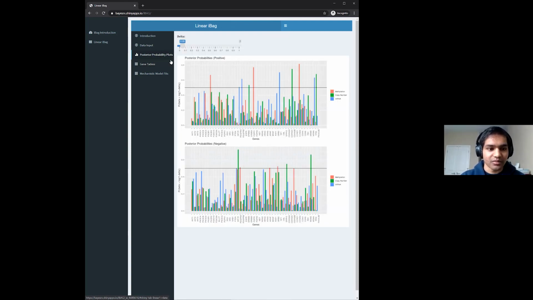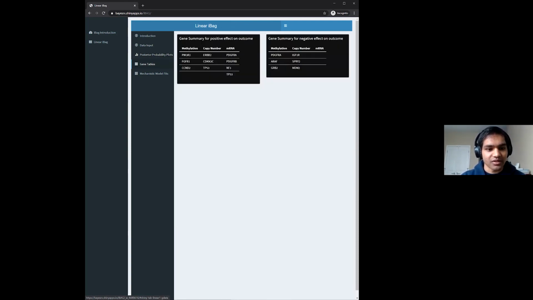So in this case, gene PIK3R2 is known to be significant, at least regarding its methylation data, for positive effect on the outcome. And then it'll also find the genes which are associated with negative effects and their corresponding data source.